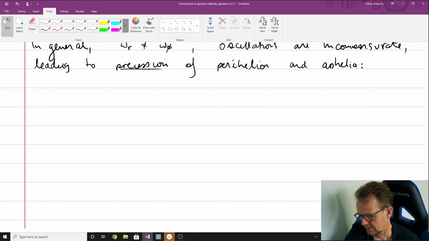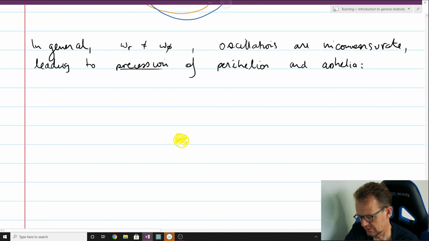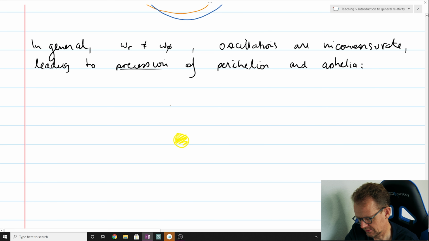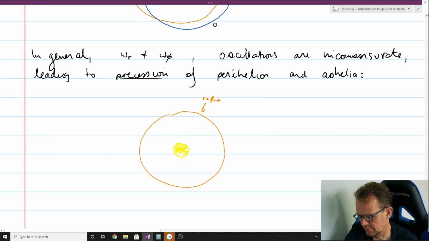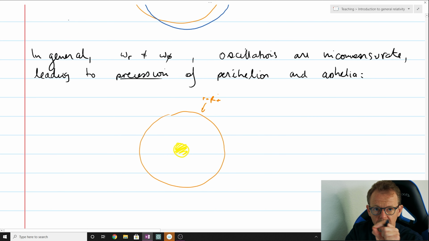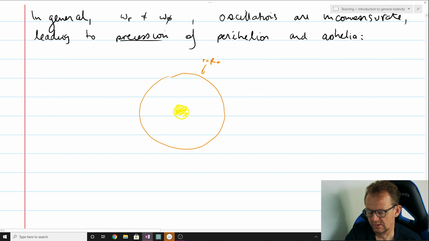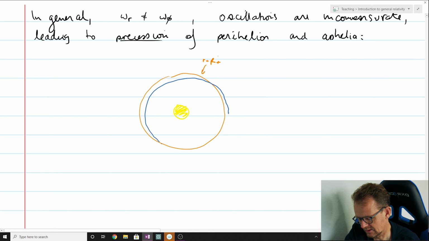So redrawing the figure that we just had before. So the orange curve is the stable circular orbit. Consider a perturbation around the stable circular orbit. Now the particle oscillates as it goes around, radially oscillates, but these oscillations are incommensurate with the circular frequency, and so we get these characteristic unclosed orbits, which I'm not sure if I'll be able to draw.